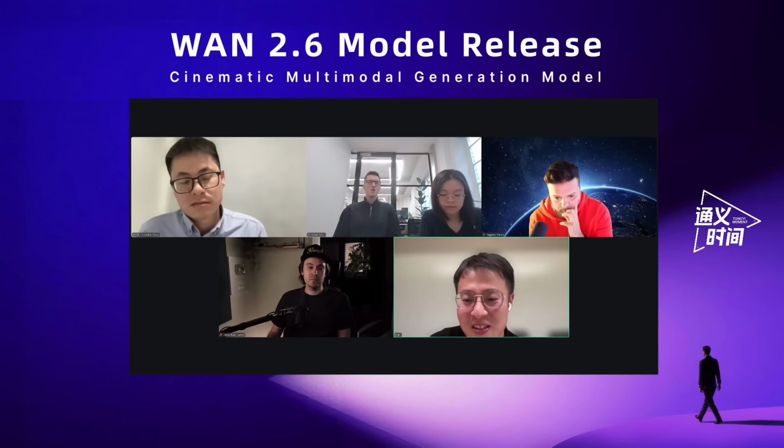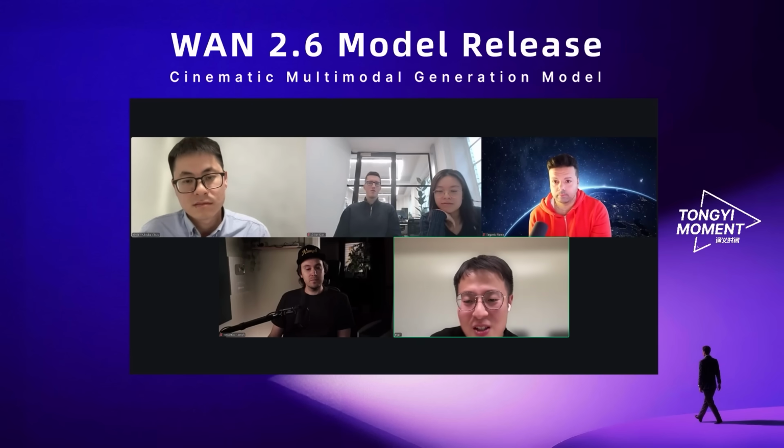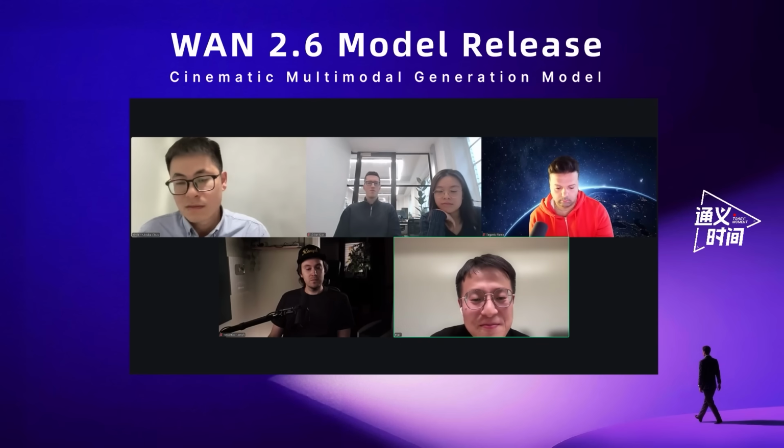It captures the idea that this model can unlock endless creative possibilities and works across a huge range of visual styles and themes. Essentially, it represents our vision of creation without boundaries. And I think this is the meaning behind it.